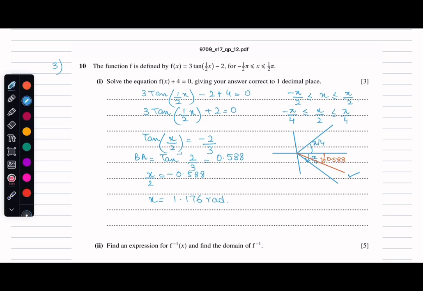Therefore, x by 2 is equal to negative 0.588, showing clockwise rotation, and therefore x should be equal to negative 0.588 multiplied by 2, which shall give us the answer as negative 1.176 here.